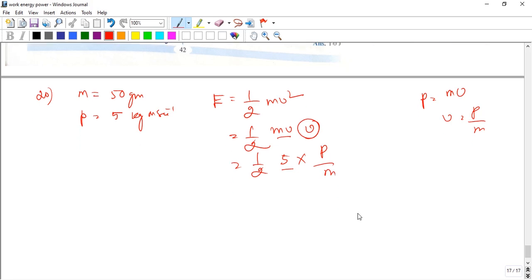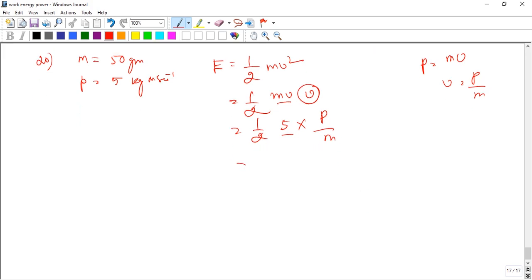So now we solve this. That is half times 5, p times 5, and what is the m? 50 gram.